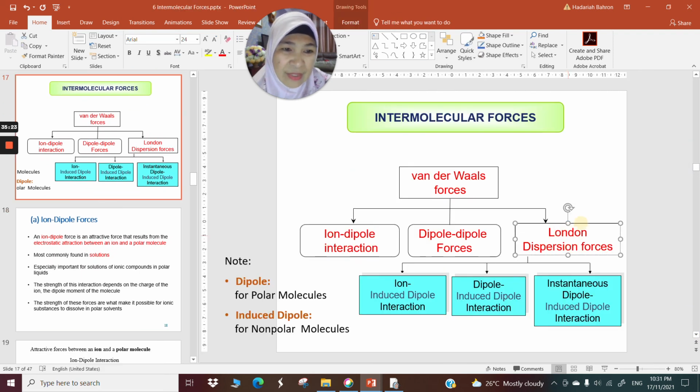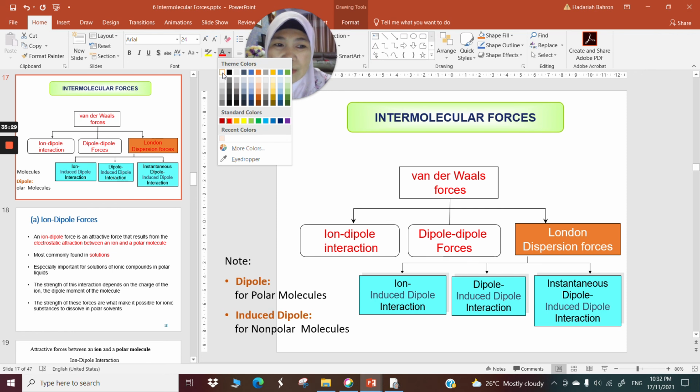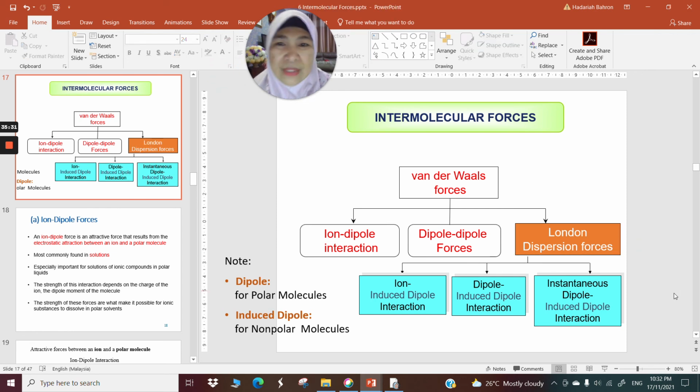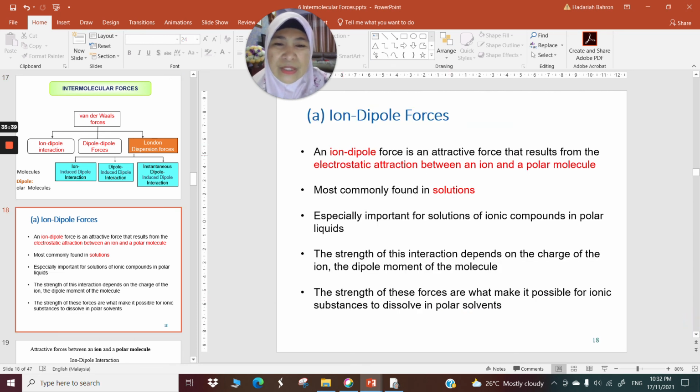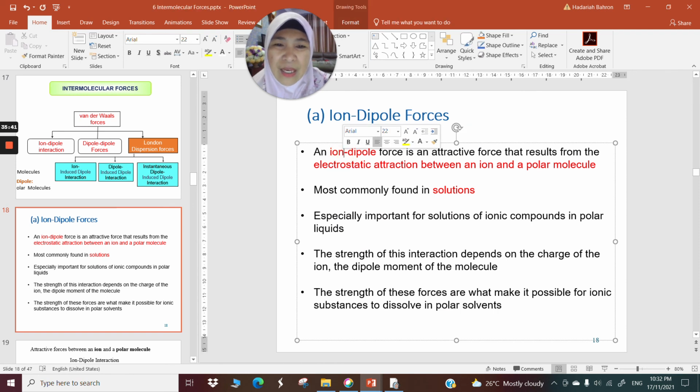London dispersion forces. So the first one is the ion-induced dipole interaction, which is when you have an ion, an attractive force that is the result of interaction between an ion and a polar molecule.